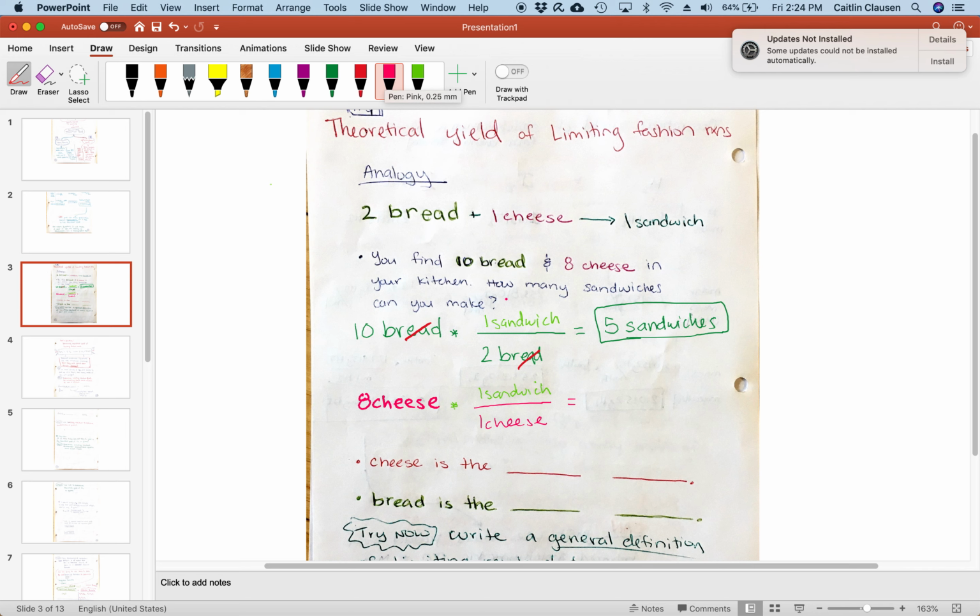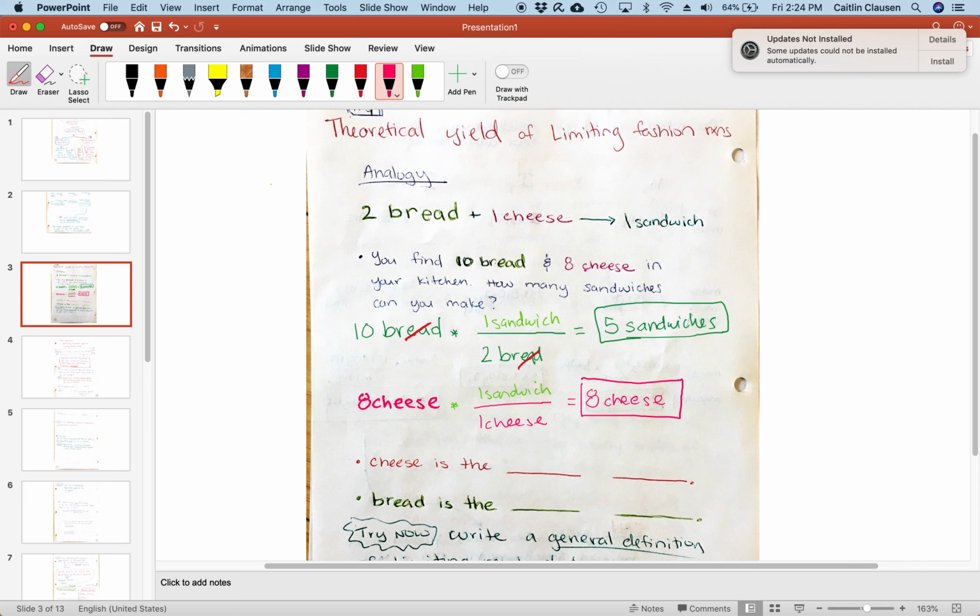So, in this case, what do you notice? Something that you may or may not have already noticed. The total number of sandwiches that I can make is limited by the number of pieces of bread, even though I have more bread than cheese in the cupboard.